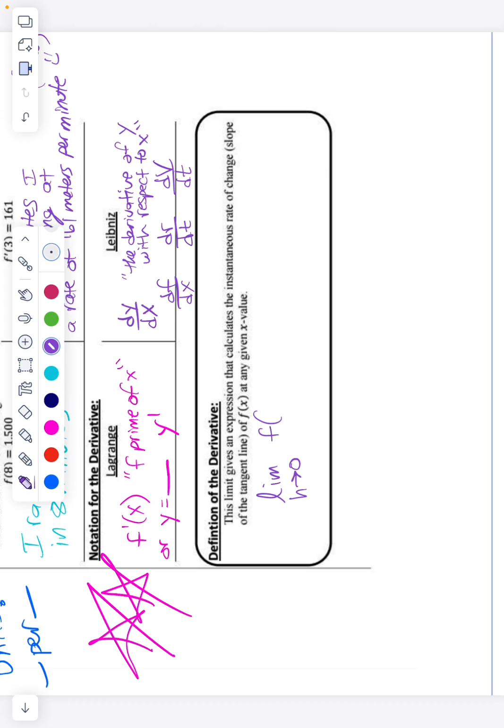Here it is. f of x plus h, sorry, minus f of x, all over h. So remind me what this is doing. Instantaneous rate of change. It is. It's the instantaneous rate. But remind me what the plus h does. How does that even make it instantaneous?